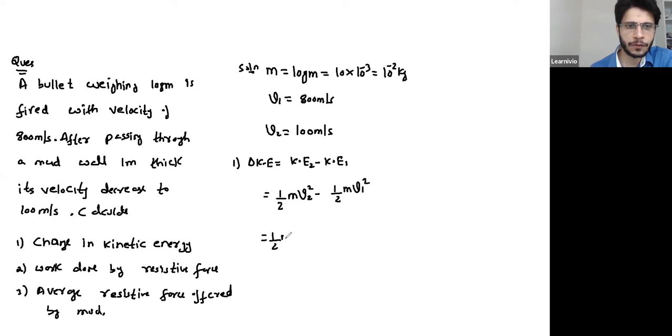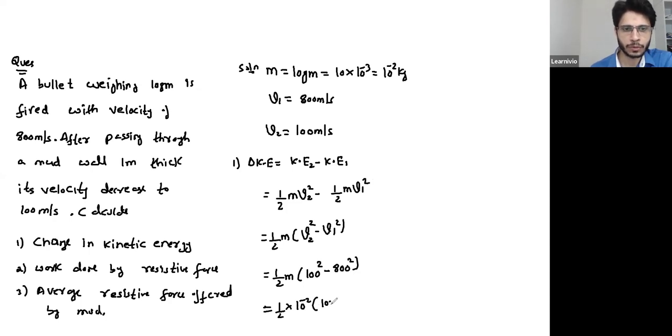So you can take this half m as common. It's v2 square minus v1 square. How much is v2? v2 is 100. It's 100 square minus v1, which is 800 square. So it's half, your mass is 10 raised to the power minus 2, times 100 square minus 800 square.